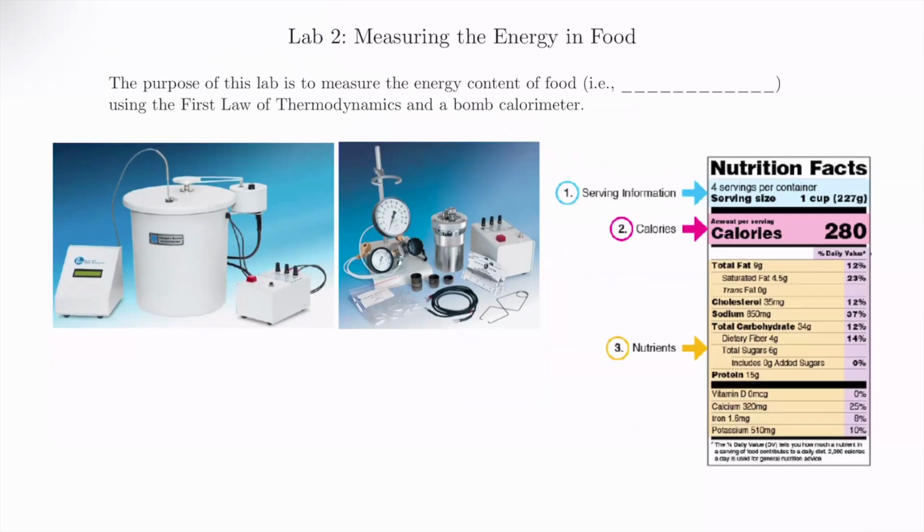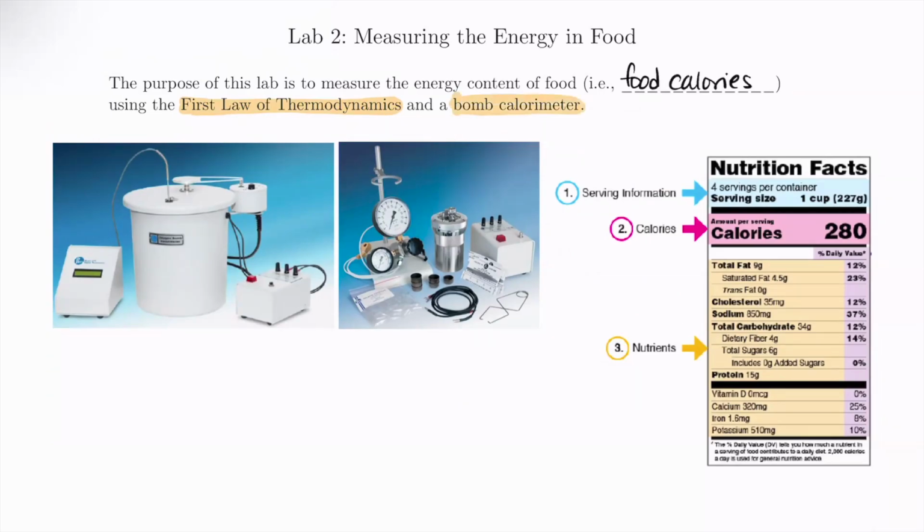Thank you for coming. In this lab, what we're going to be doing is measuring the energy content of food, or in other words, food calories. We're going to do this using the first law of thermodynamics, which you should already be familiar with, whether you're in my class or otherwise, and also a bomb calorimeter.